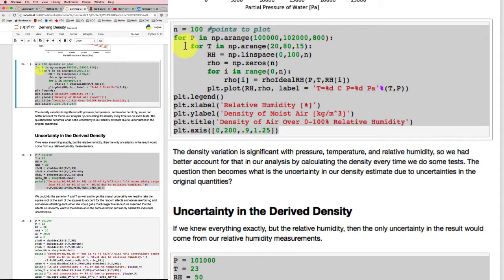For the pressure in the various range and the temperature in the various range, I can calculate the relative humidity over a linear space from 0 to 100, 0 to 100%, and I'll get my density, which is still my placeholder to put things into. And then I'll go over a range from 0 to n where I calculate the density based on relative humidity rather than on partial pressure. And I'll do the plot and we'll see what comes out.